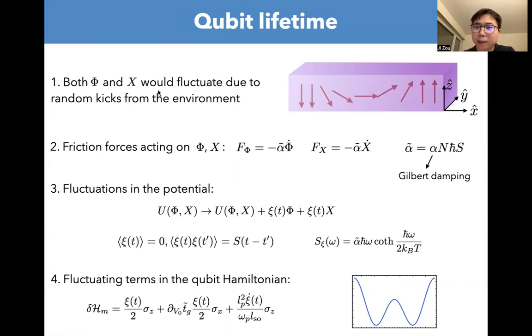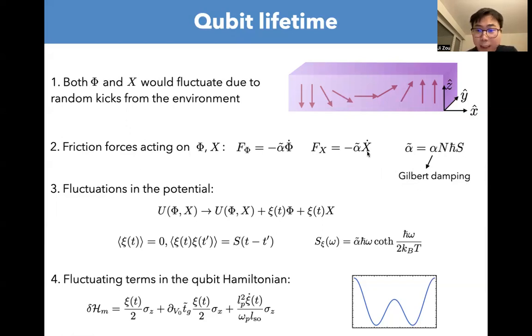To work it out, the idea is first we work out the friction force acting on those two variables. The prefactor, this dissipative factor alpha tilde, is proportional to the so-called Gilbert damping, which is a phenomenological parameter, and also the size of the system, right?